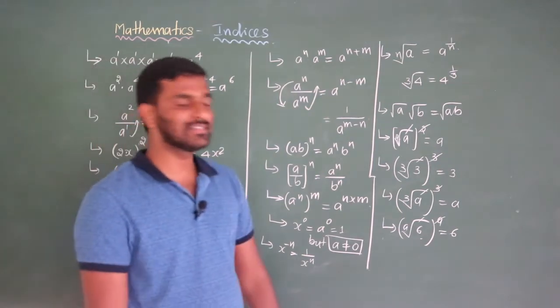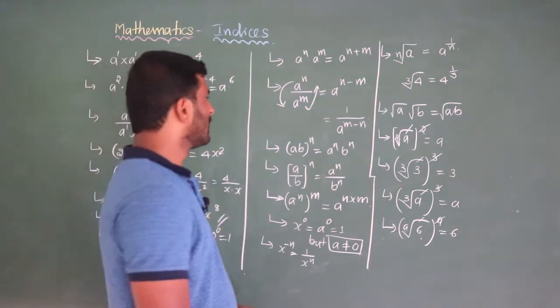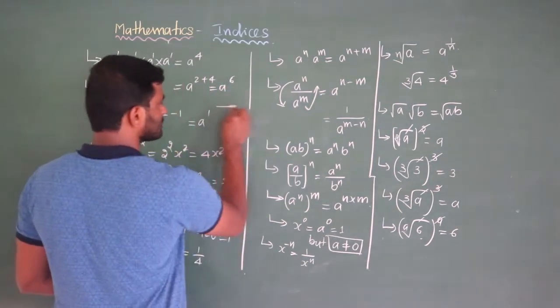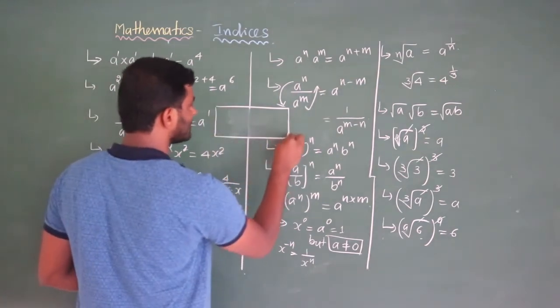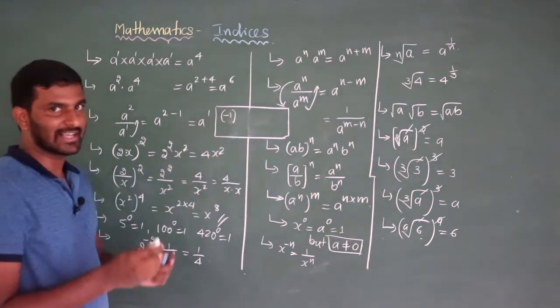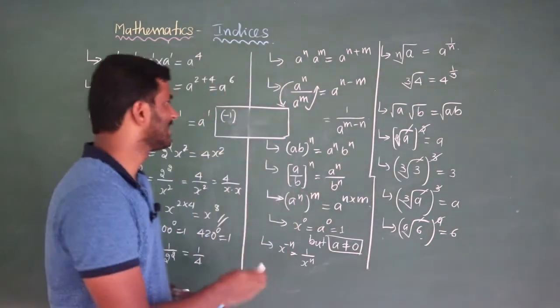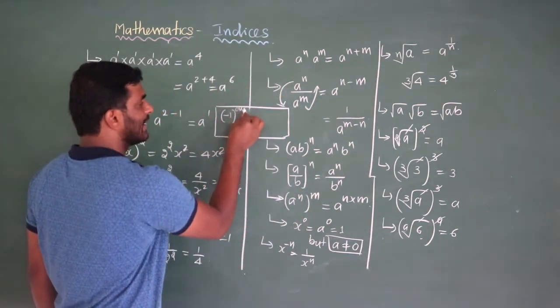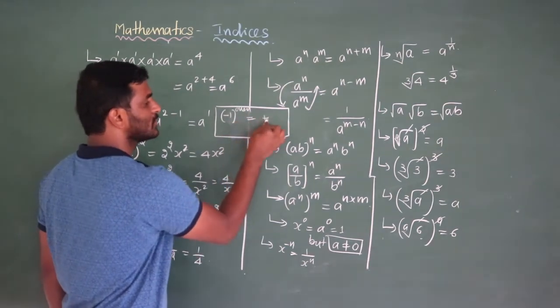And one more important thing. Note this point here: a negative number to the power of an even number always gives positive.